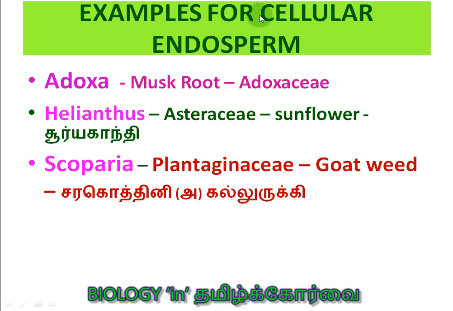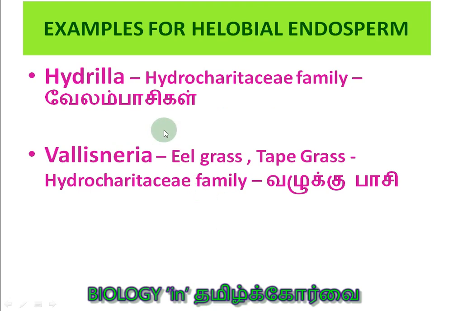Then cellular endosperm examples: Adoxa, in English called muskroot, Adoxaceae; Helianthus, Suryakanthi, Asteraceae family, sunflower, also known as the sunflower family; then Scoparia, Plantaginaceae, goatweed.